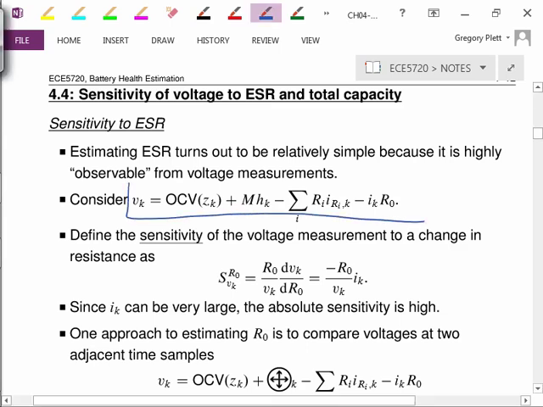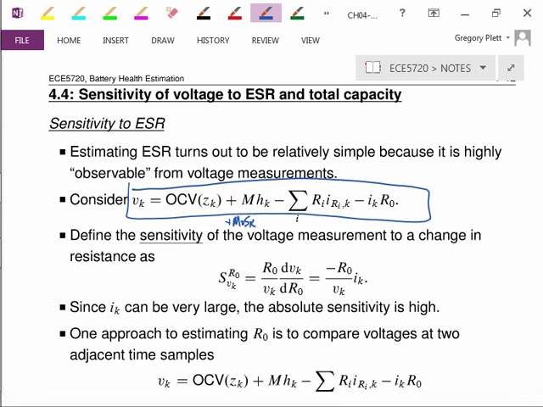Let's look at our equation for cell voltage in the ESC model. We could, of course, have the zero-state hysteresis term 2 m0 s_k, which I've left out for simplicity because we don't always use it, but that doesn't actually change anything here in the analysis. We define a sensitivity of the voltage measurement to a change in resistance as follows.